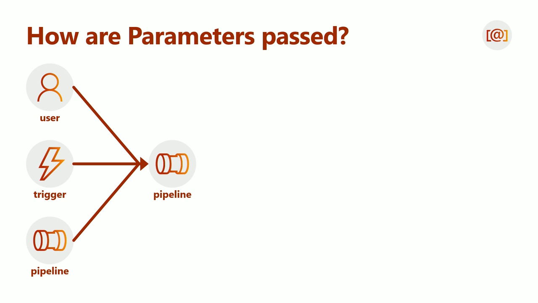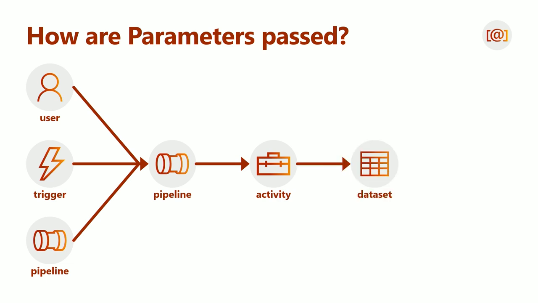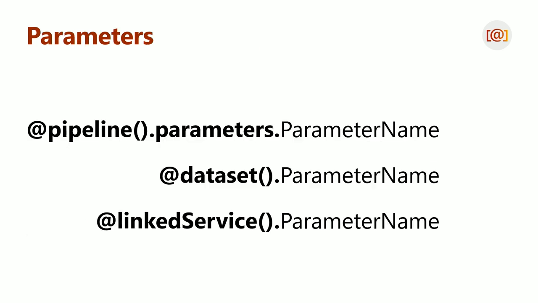That's the first point of entry for your parameters. Then the activities inside of that pipeline can look at those parameters and pass them on to the datasets or the linked services. So once you start building out dynamic solutions, just keep in mind that if you want to parameterize it and make it dynamic from start to end, you need to go through all of these different steps.